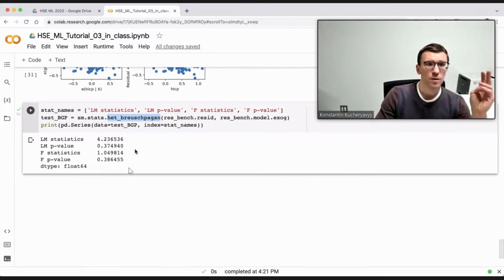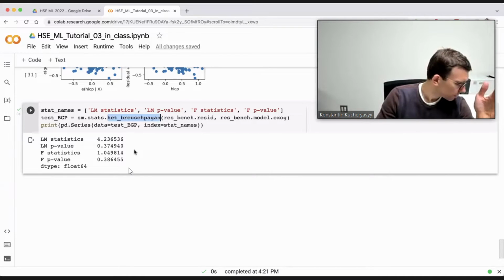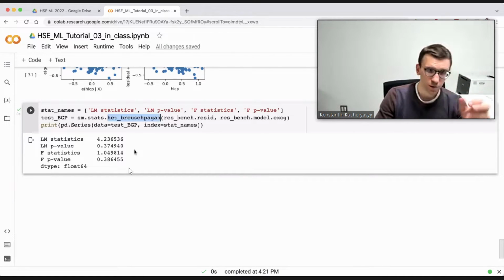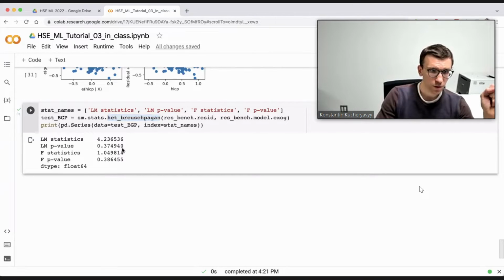For all of them, the null hypothesis, H0, is homoskedasticity, and the alternative hypothesis is that there is heteroskedasticity. The p-value is very large, so we cannot reject H0. With high probability, H0 is right.